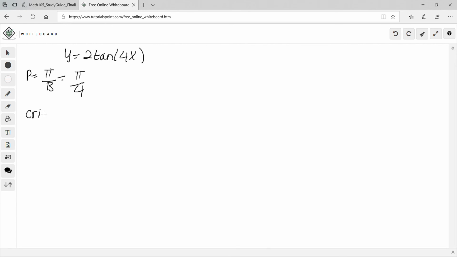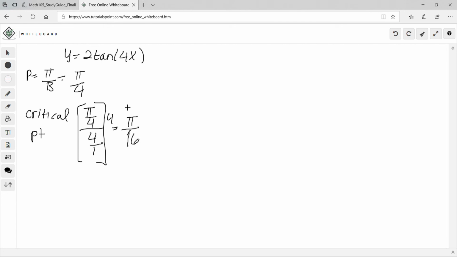Our critical point is how much we add for each point. So it's the period, pi over 4, and you divide that by 4, and you will get pi sixteenths. So that's our critical point.